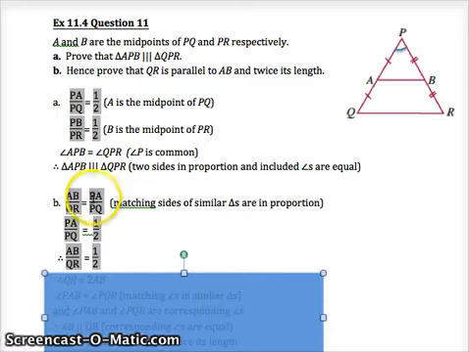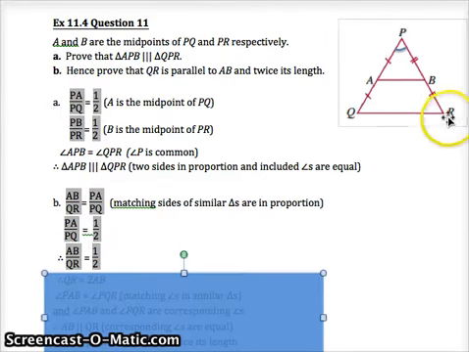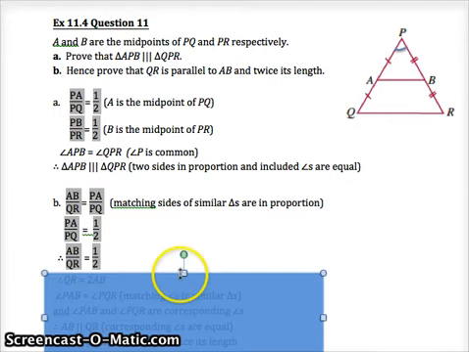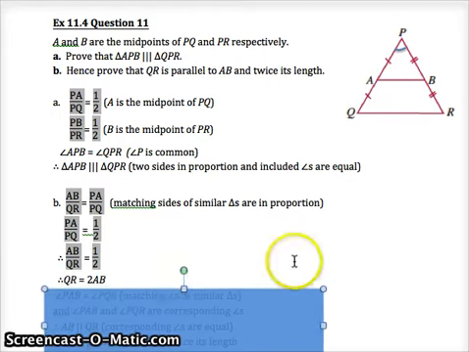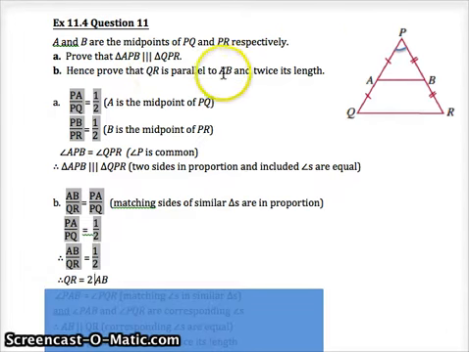That's because both those ratios are equal to PA over PQ. Now, because the ratio of AB over QR is a half, we know that QR is double the length of AB. So we can write that down: QR equals 2 times AB. So we've therefore proven that QR is twice the length of AB.